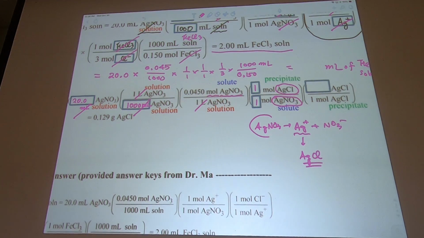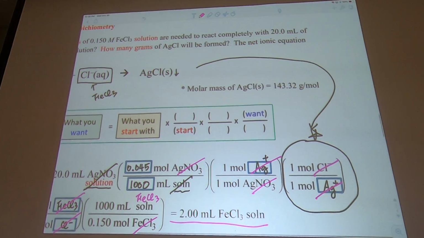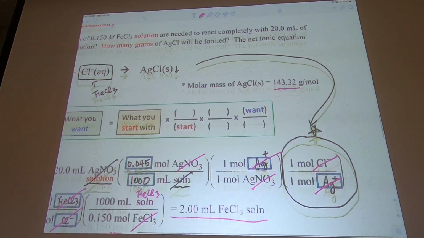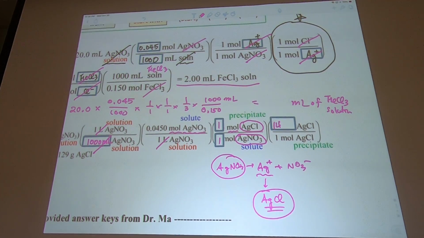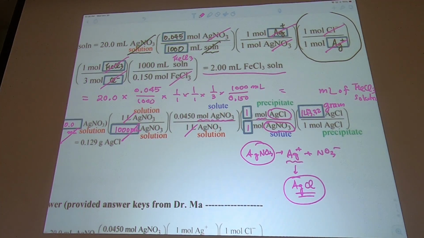So it's a 1-to-1 stoichiometric ratio, so I can put that in. Now I know how many moles of AgCl can be produced, and from the number that I learned, 143.2, this is grams. Then everything goes away, and you end up with grams of AgCl at the end. So this is the answer you've been looking for.